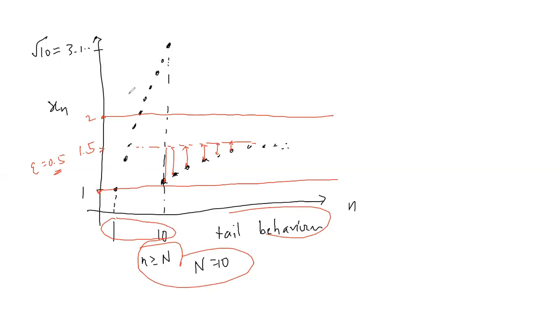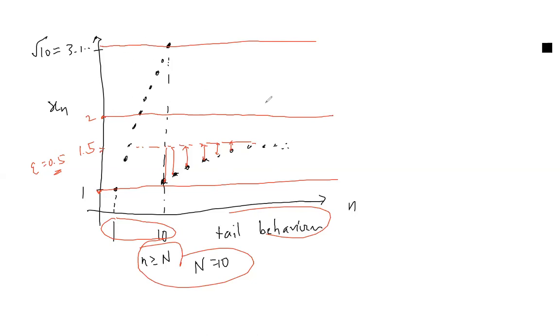It can increase to some number here, and it will be bounded anyhow. Here it will be bounded by the square root of 10. So for the sequence from 1 to 10, they are bounded by the square root of 10. For the tail sequence, they are bounded above by 2.